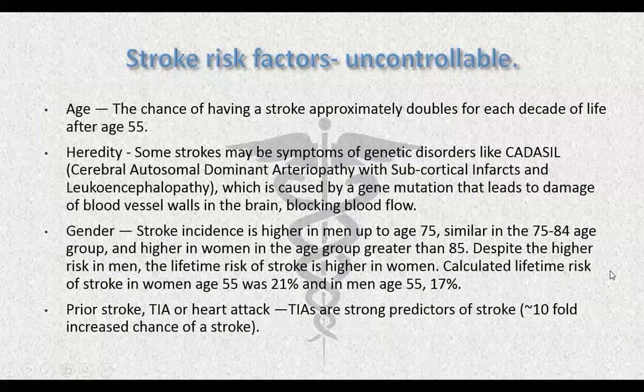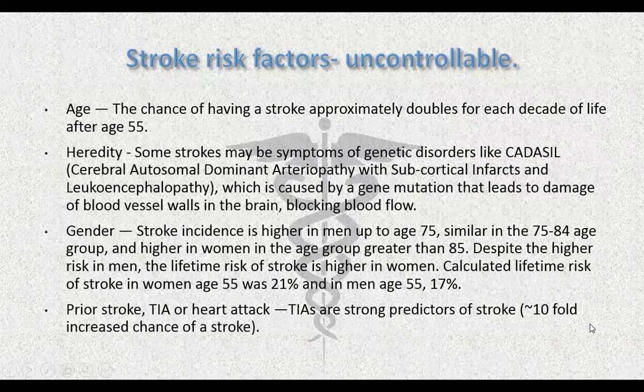There's a complicated relationship with gender, so that the stroke incidence is higher in men up to the age of 75, similar in men and women in the 75 to 84 range, and higher in women above the age of 85. The lifetime risk of stroke is higher in women, however. The calculated lifetime risk for women above the age of 55 is 21% compared to 17% for men. So it's not a huge difference, but it's noticeable.